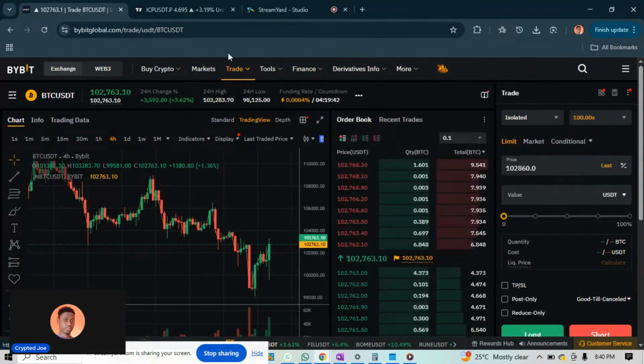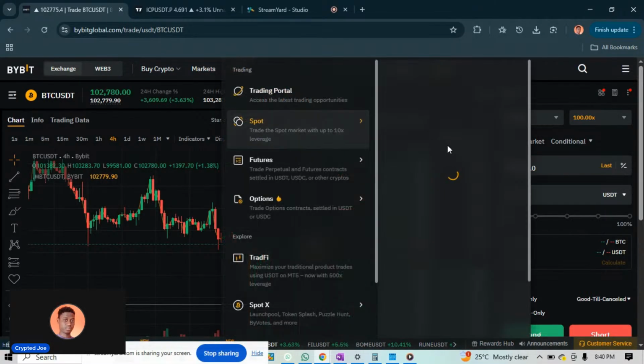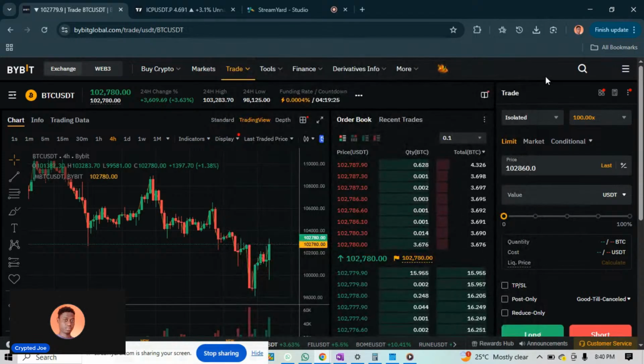So basically now, for example, the rest of the features will be explained to you as I go, because I want to use a signal from my TradingView to explain the other features in this Bybit app.